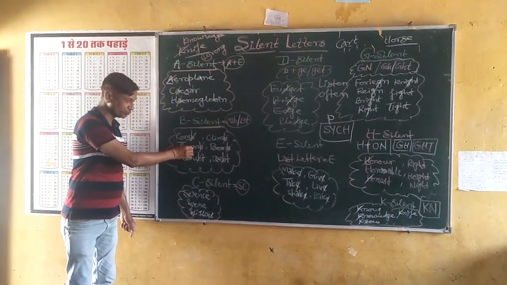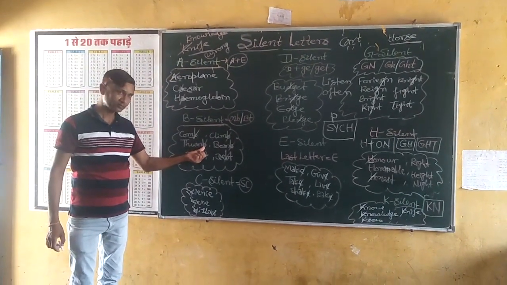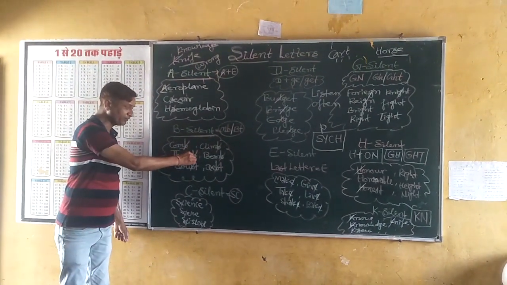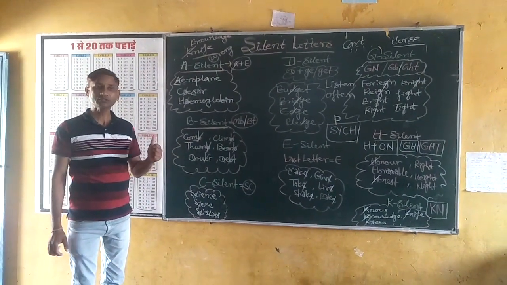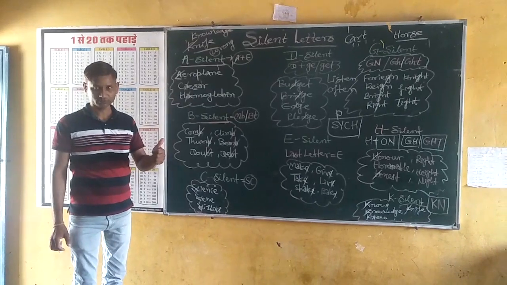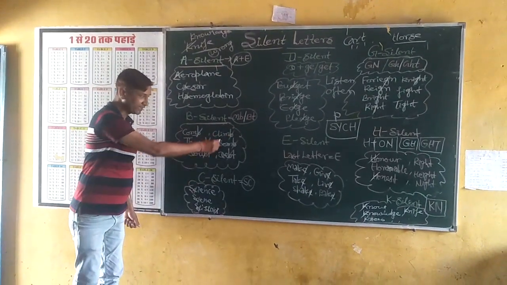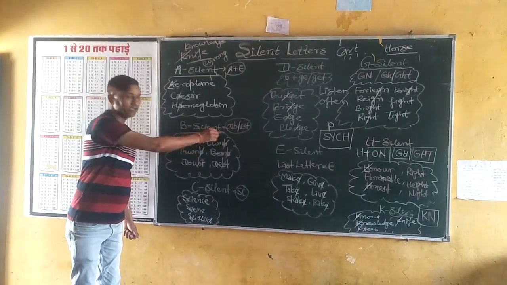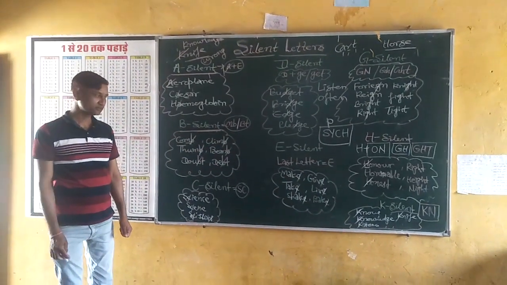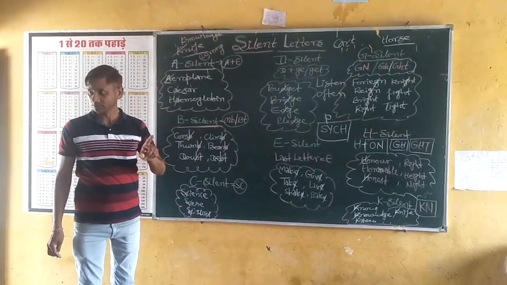Next word, THUMB. M is situated before B, then your letter B will be silent and the pronunciation will be thumb. CLIMB. Letter M is before B, letter B will be silent and we call it climb.